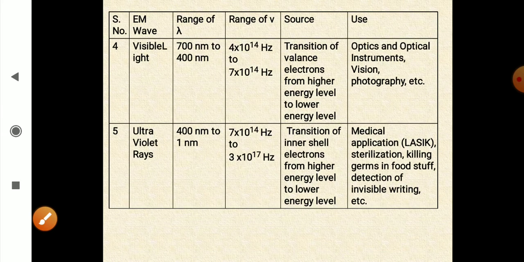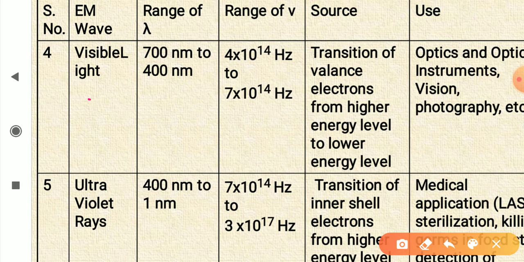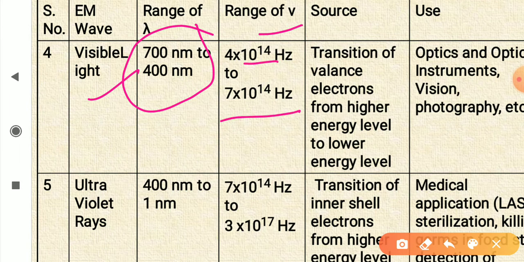Now let us talk about visible light. The wavelength range is 400 nanometer to 700 nanometer. The frequency range is 4 into 10 raised to the power 14 hertz to 7 into 10 raised to the power 14 hertz. They are produced by transition of valence electrons from higher energy level to lower energy level.